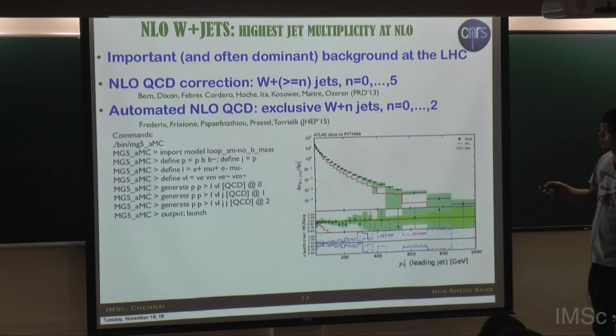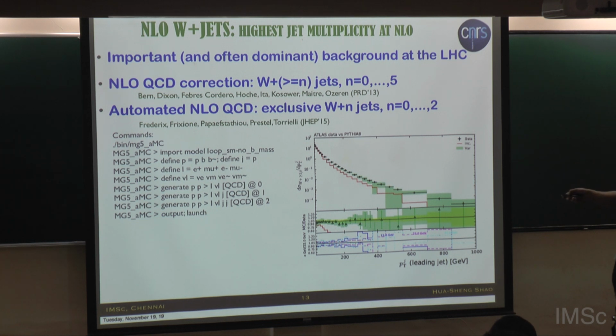And of course, right now some things are even automatic. The previous inclusive level, I say that it's parton level, okay? Parton level differential distributions are now allowed to be matched to the parton shower, even automatically. But of course, the low mass precision is low.